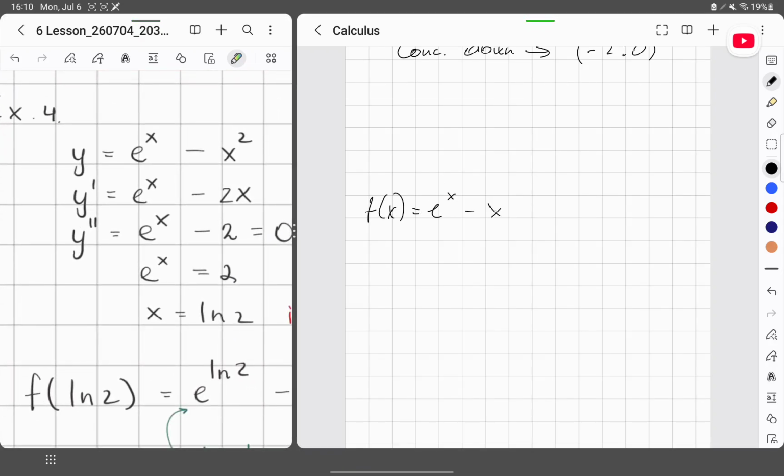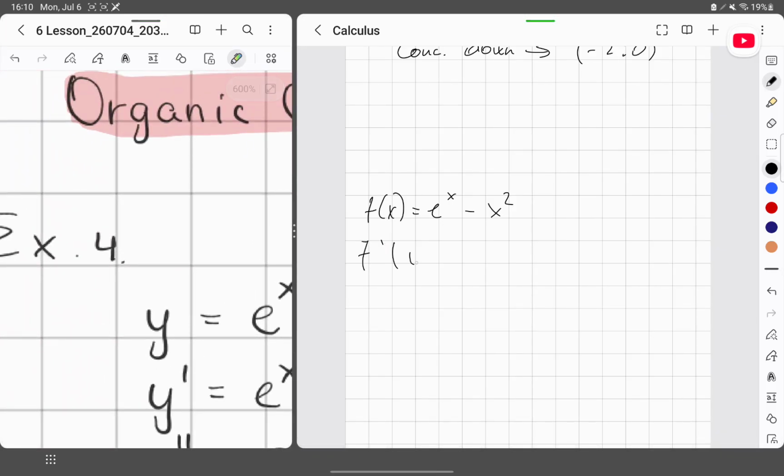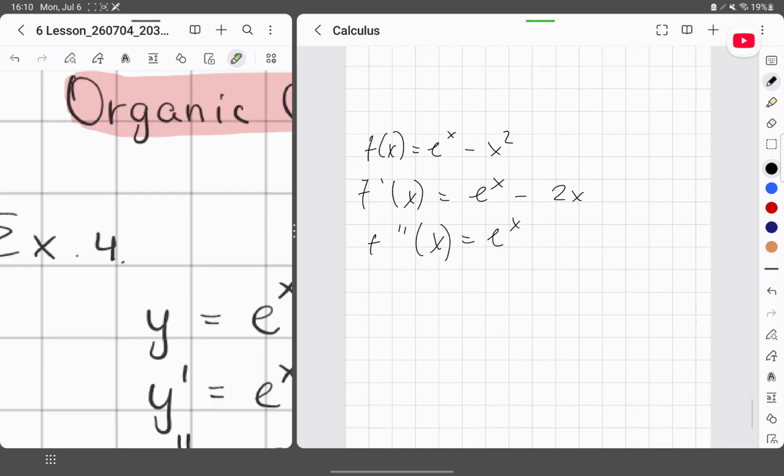e to the power of x minus x squared. Let's find the first derivative. That will be e to the x, and x squared will be 2x.